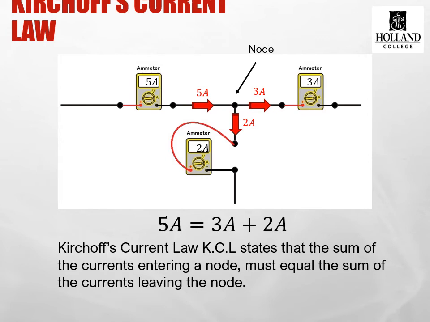So 5 amps is coming in and 5 amps must be leaving. We call this Kirchhoff's current law. We also sometimes refer to it as nodal analysis, where we can examine the currents coming into a node and figure out what the currents are that must be leaving the node.